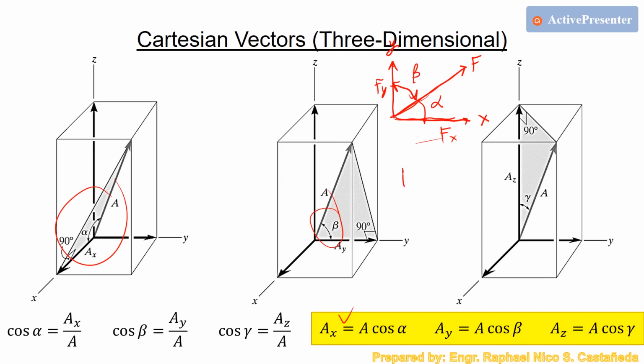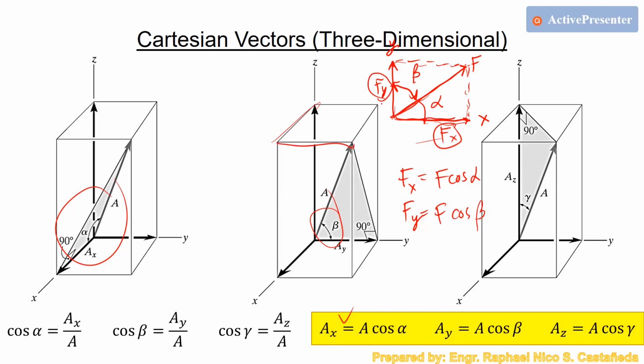If you solve for Fx and Fy in terms of F and the angles, you will get Fx equals F cosine alpha and Fy equals F cosine beta. The only difference between the two-dimensional and three-dimensional system is that a two-dimensional system forms a plane, a rectangular shape, so the dimensions of the rectangle equal the components Fx and Fy.